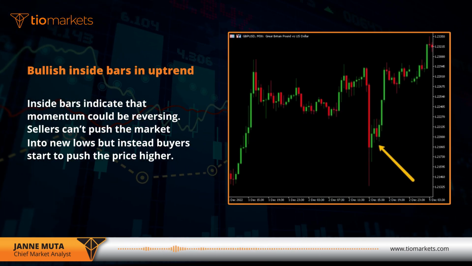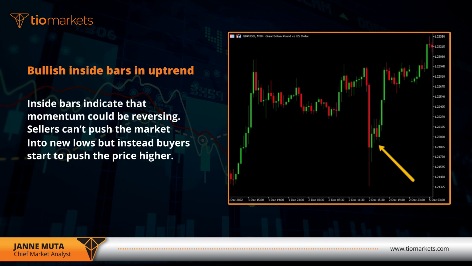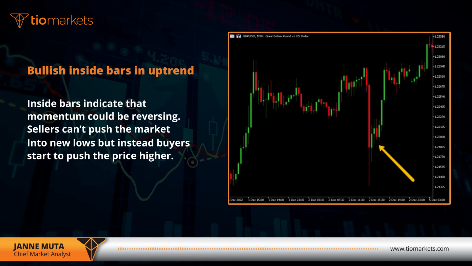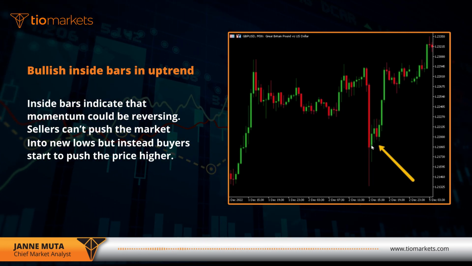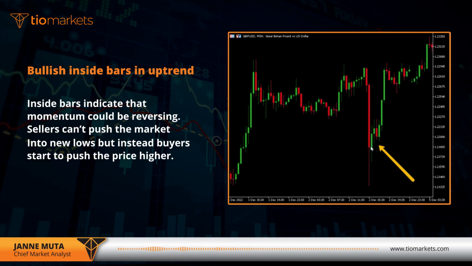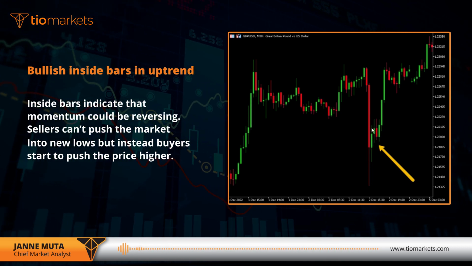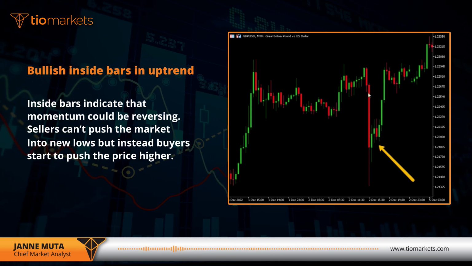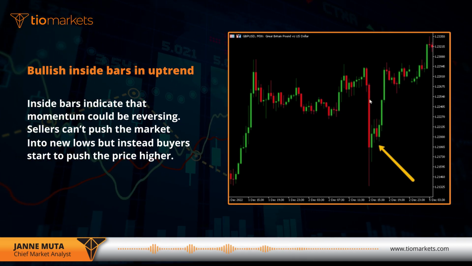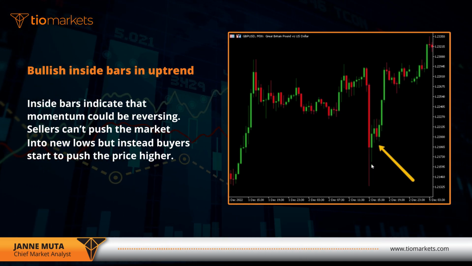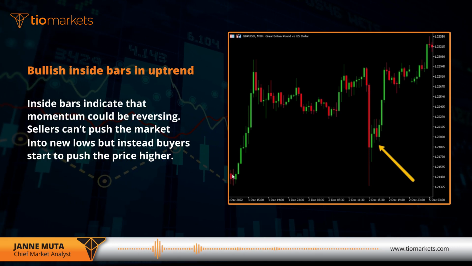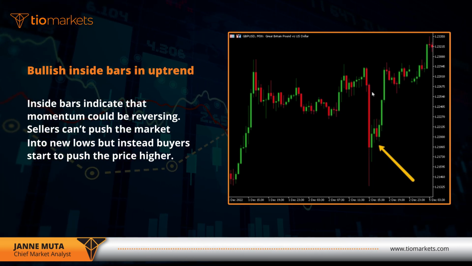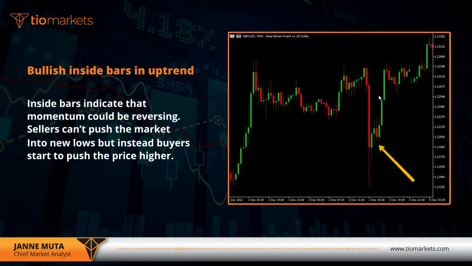Next, I want to introduce you to the concept of inside bars. So basically here we have several inside bars. They are candles with the high and low inside the previous candle's high and low. Here we have a massive move down, even though the general trend in the market was to the upside.